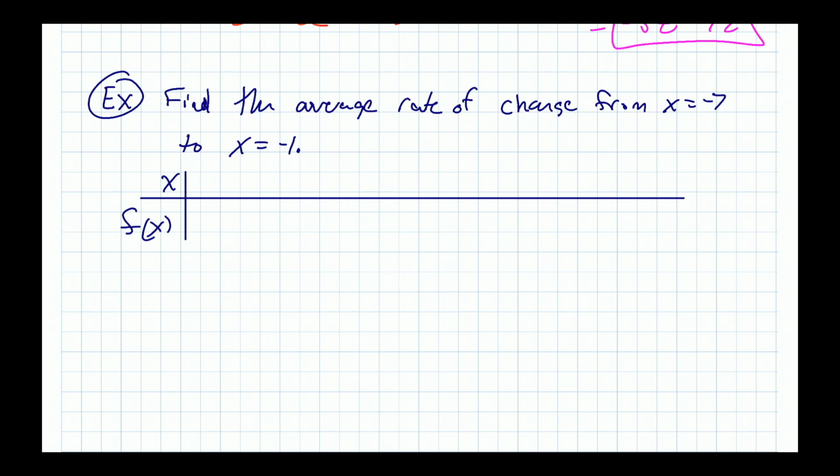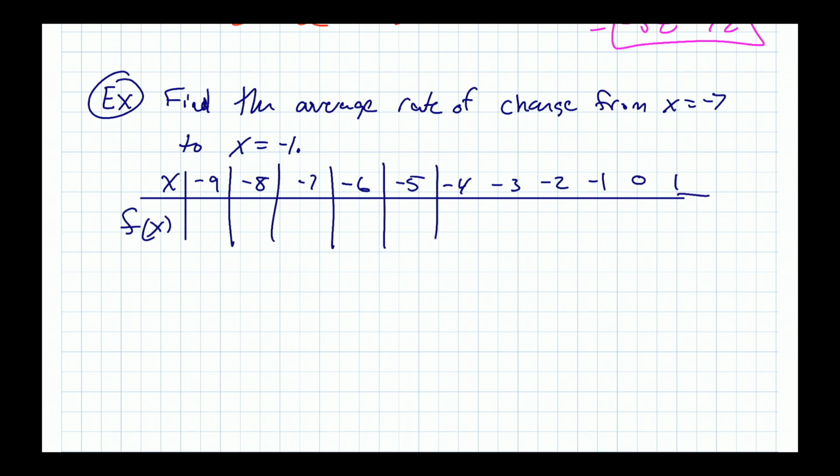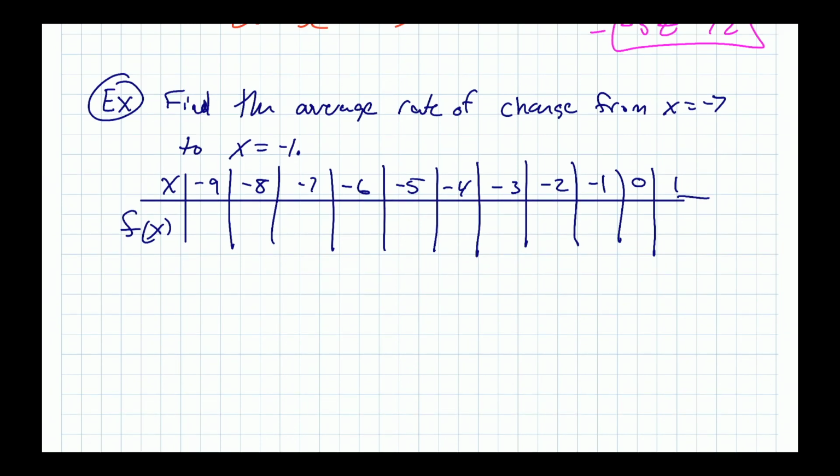So they're just going to go like negative 9, negative 8, negative 7, negative 6, negative 5, negative 4, negative 3, negative 2, negative 1, 0, 1. The table keeps going, but that's as far as I'm going to do it. These should all be straight lines, but it takes longer to draw a straight line, so I'm not. And then we got some numbers down here.